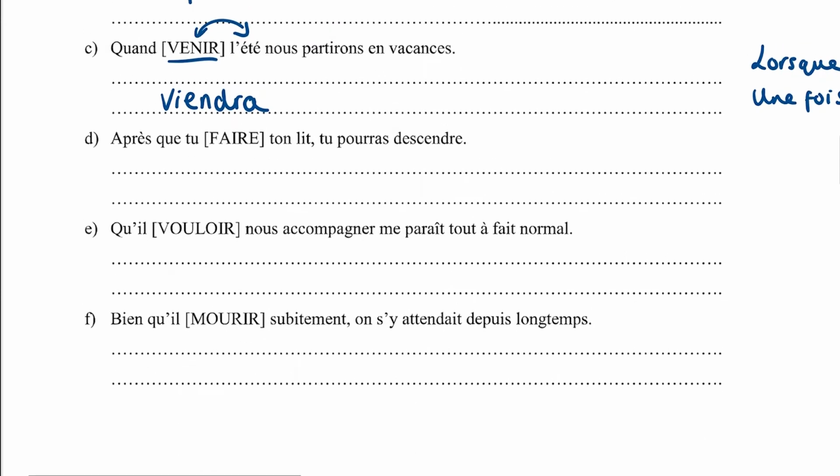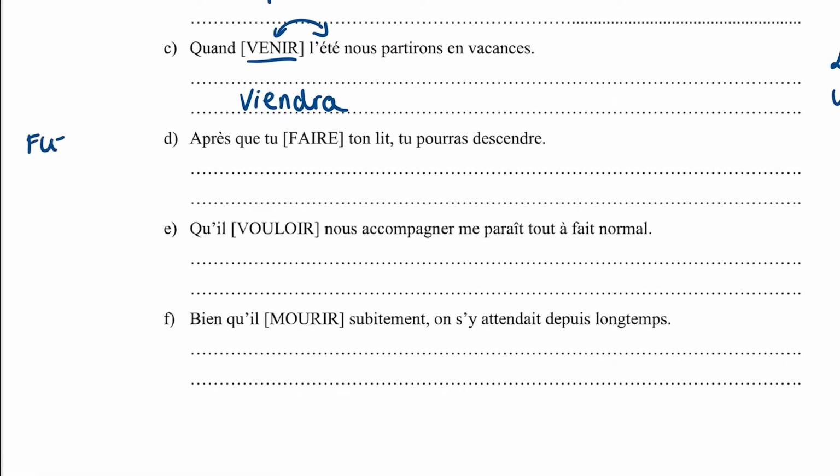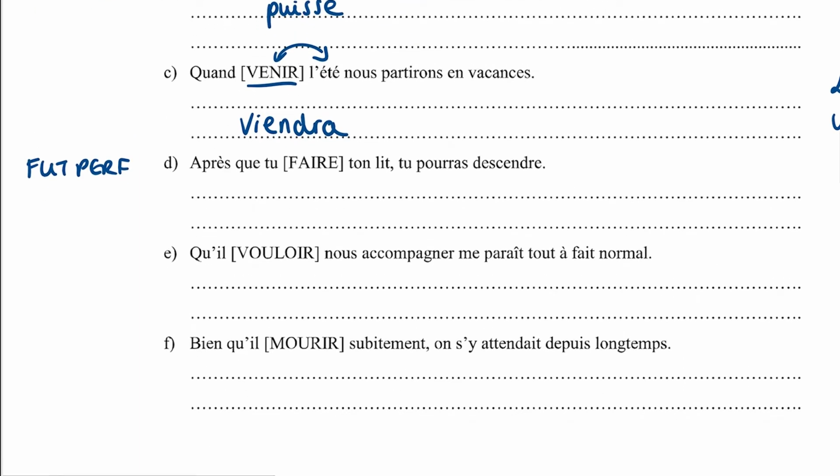It's exactly the same thing here, except what we're going to use here is a future perfect. Because this is a future time, but it's in the past compared to the future. So think about in this sentence here, what we said was, when summer comes, we will go on holiday.